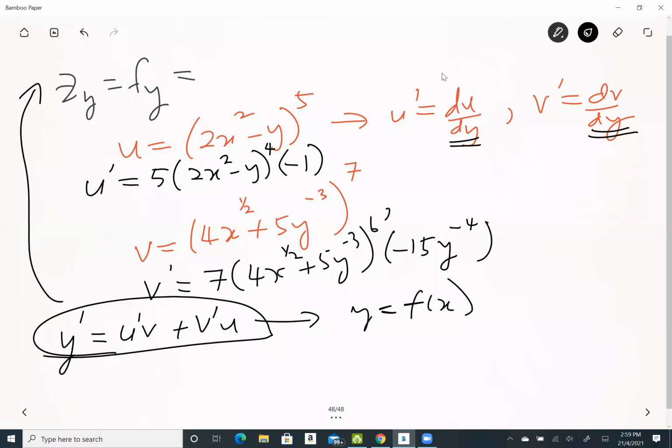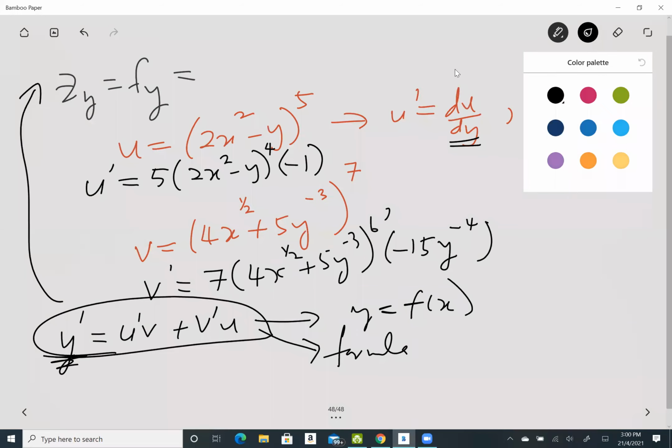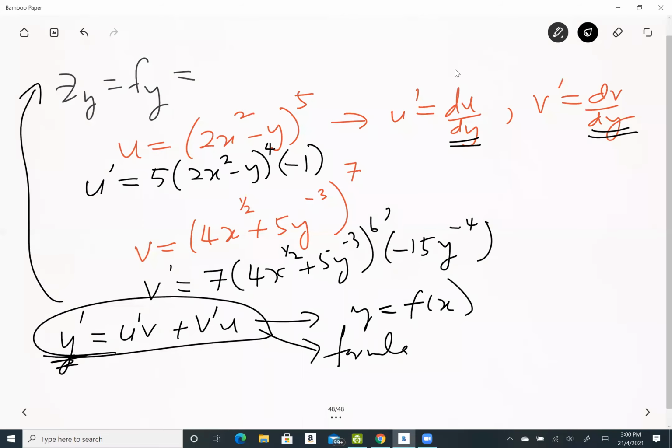Don't confuse that y prime with the fy. That y prime is just to get the formula, in case we forgot, because for that thing, every rule is applicable.